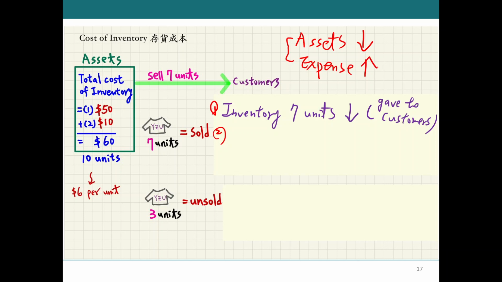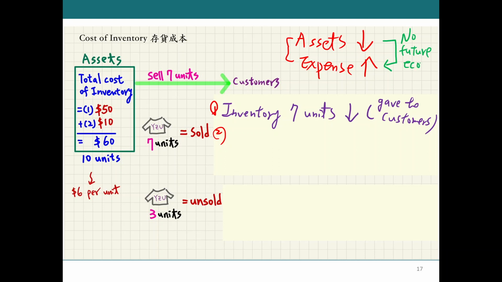Why? Asset decrease, no future economic benefit. No future economic benefit, then that's your expense, right? Because expense means no future economic benefit.